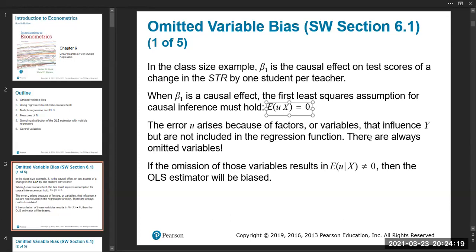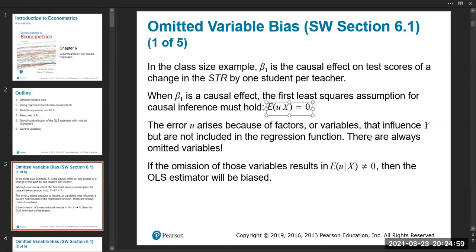In chapter 4, I said that you might think this looks very weird, but in the end, this equation simply means that u and x are independent. Think about what is inside the u. We say that u contains every other piece of information except x that can affect y. Not everything else in the world affects test scores.